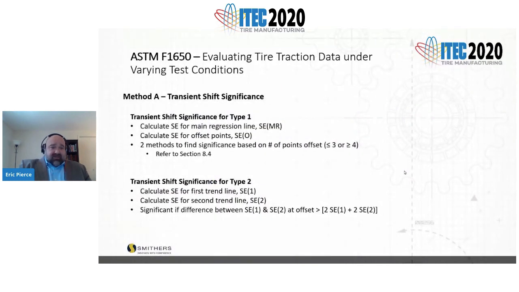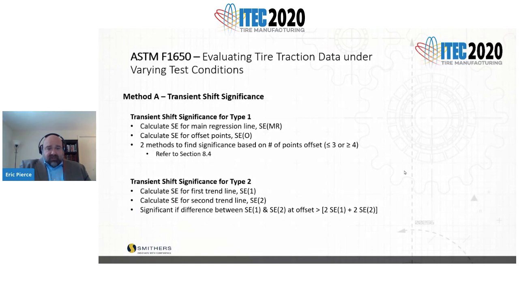Then we calculate the standard error for the offset points, which is considered SE. The two methods define significance based on the number of points: one based on 3 or fewer control points, or one based on 4 or more. For that, I'm going to refer you to section 8.4 of ASTM F1650, which is too much to cover in a smaller time period.